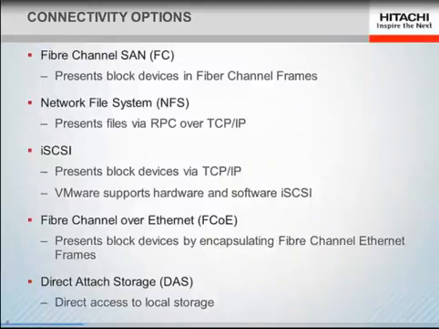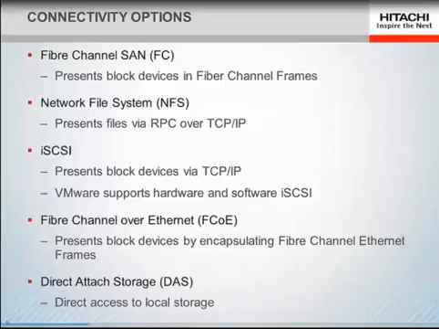Connectivity options. There are many different connectivity options for the virtual environment. Fiber channel SAN, also called FC. It's a block device, and it presents them across a fiber channel network in fiber channel frames.